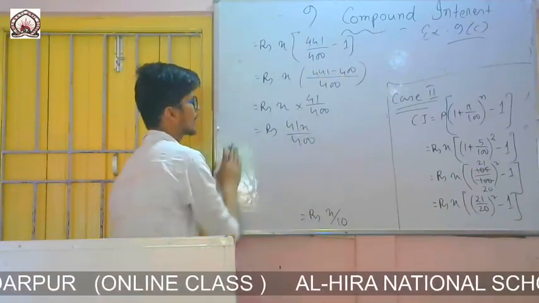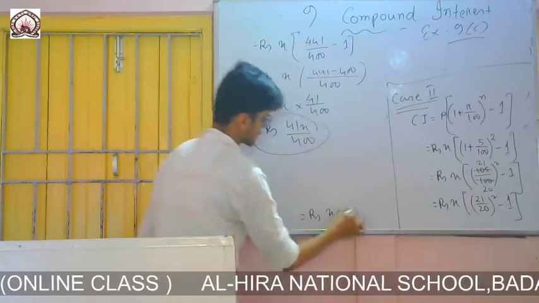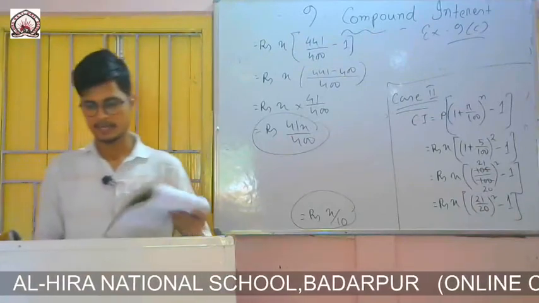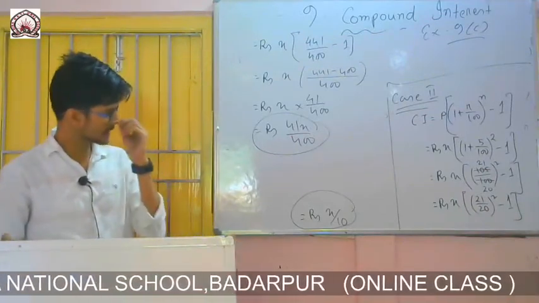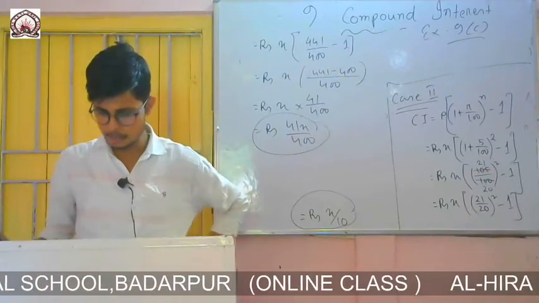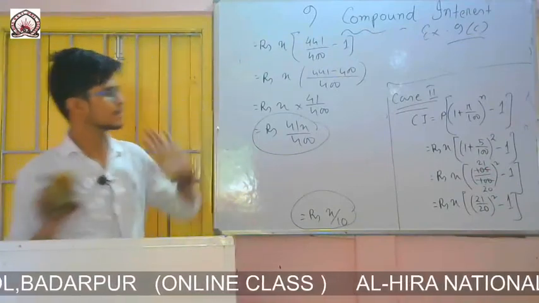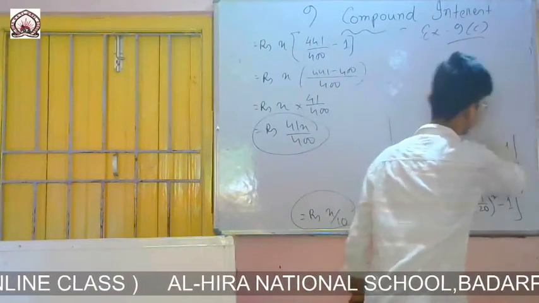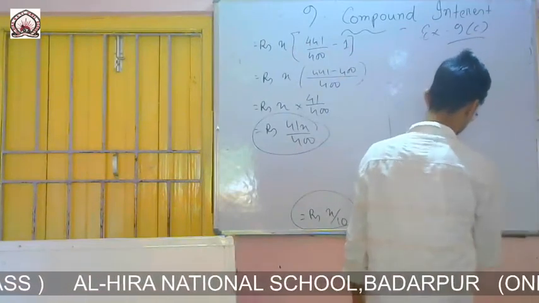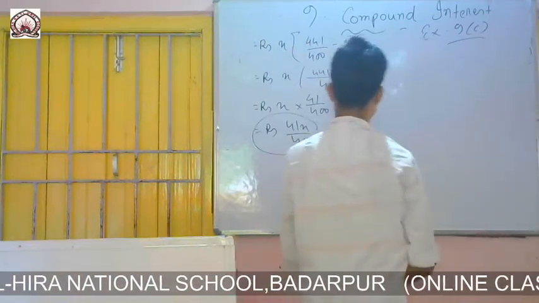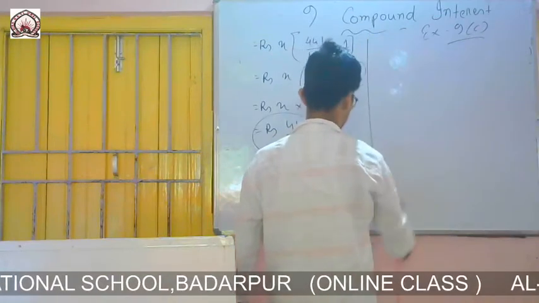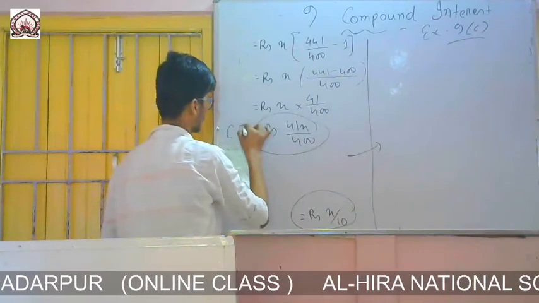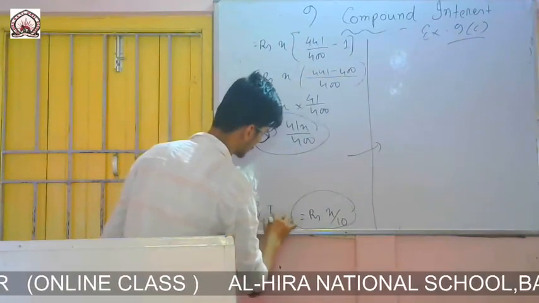So this is our compound interest and this is the simple interest. In the question it is said that the difference between compound interest and simple interest equals rupees 15. So directly we will write that line and we will get the answer. This is our CI and earlier we found SI equals this one.